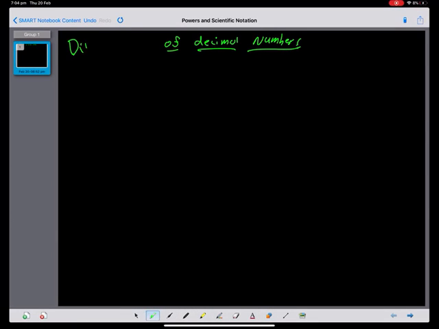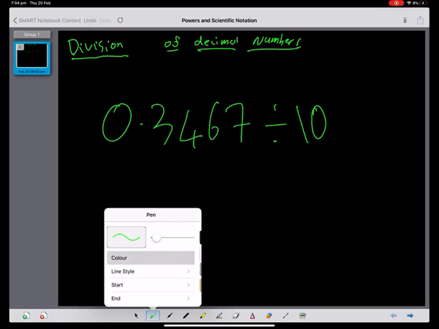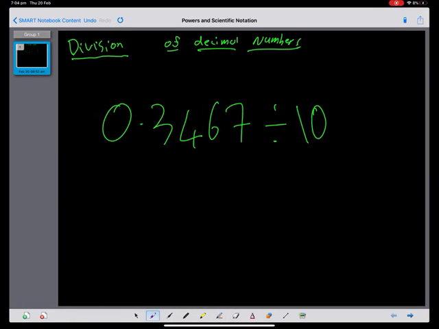Division. Now the same principle applies. So if we've got something like 0.3467 divided by 10, you can think of the decimal point jumping. Now, instead of getting bigger, if we multiply this by 10, the decimal point is going to jump this way.